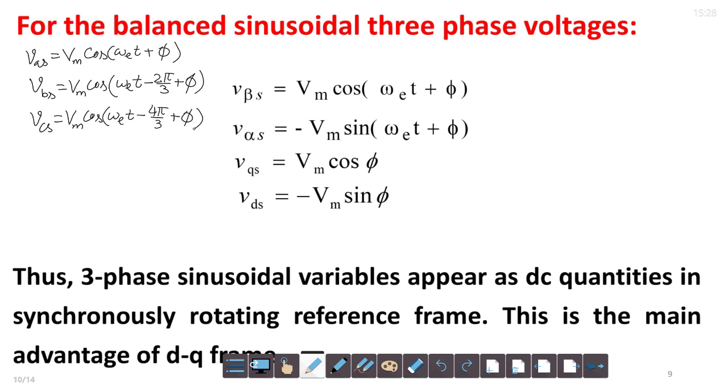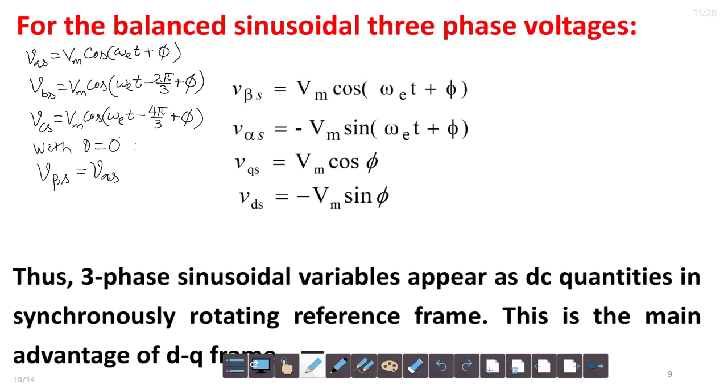And now we apply the transformation from ABC to alpha beta, 3 phase to 2 phase, with theta equal to 0 degree. With initial angle theta equal to 0 degree, V beta s equals V as.